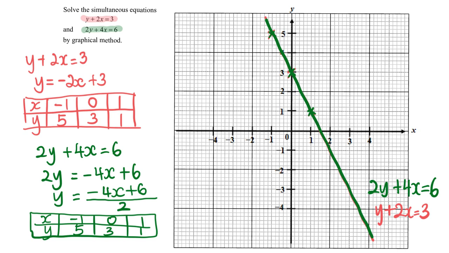And therefore for this particular question, since both lines are actually the same line that is being drawn, do you see that the observation is that the lines overlap each other?